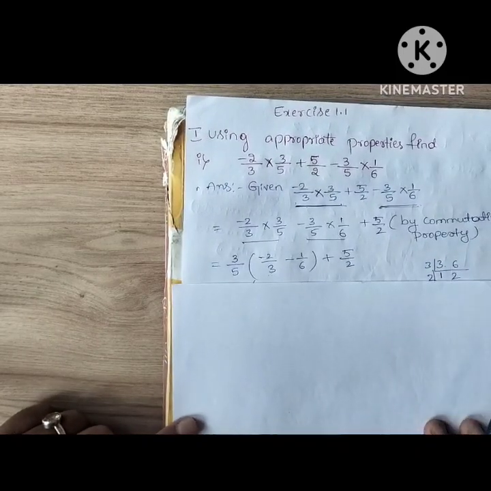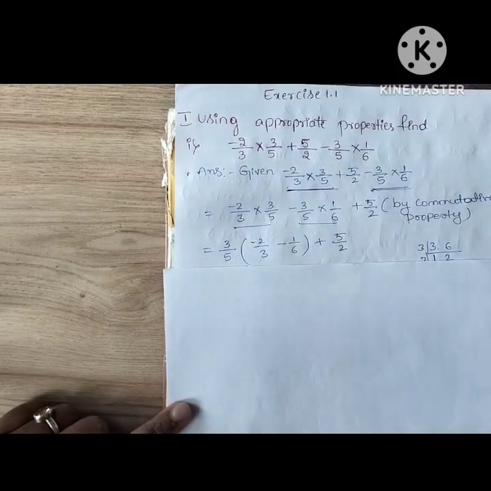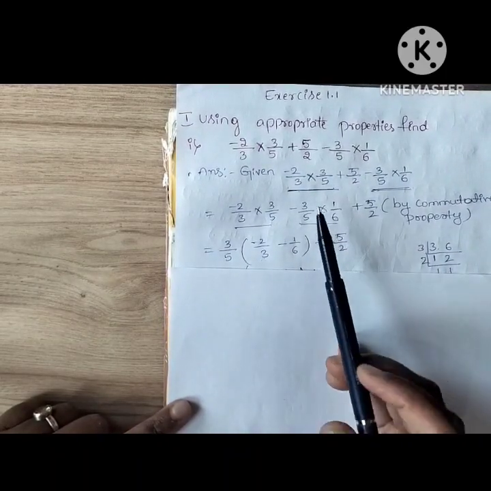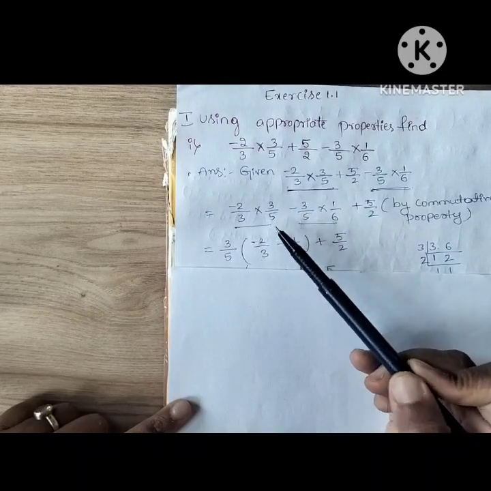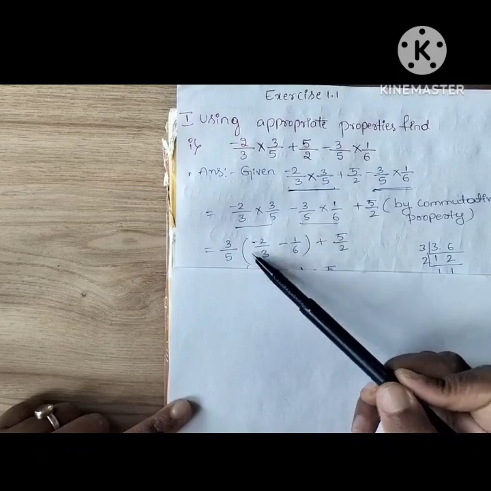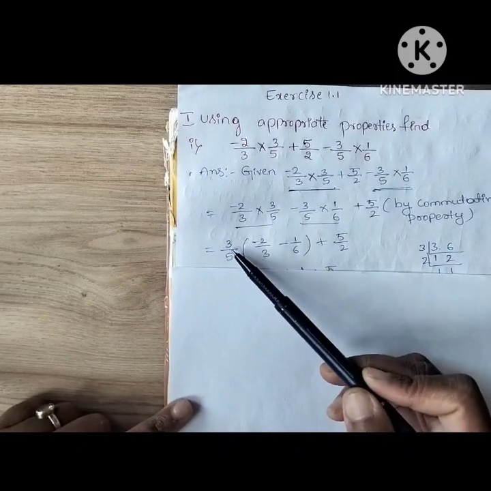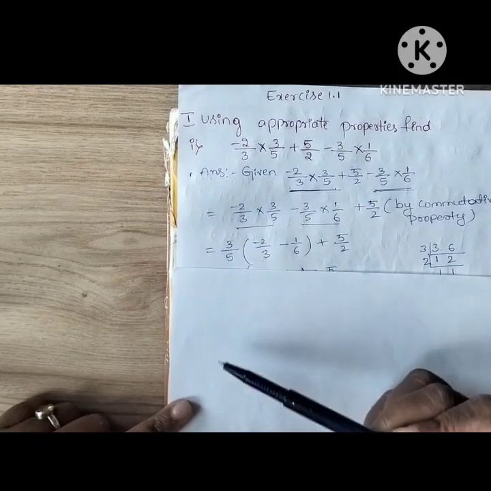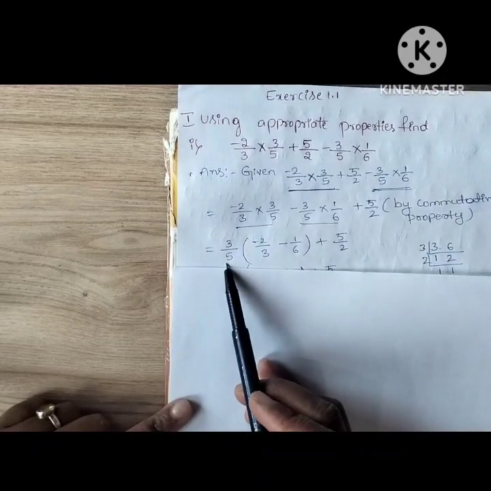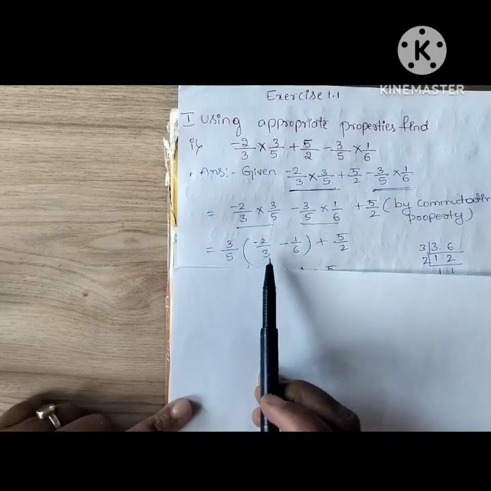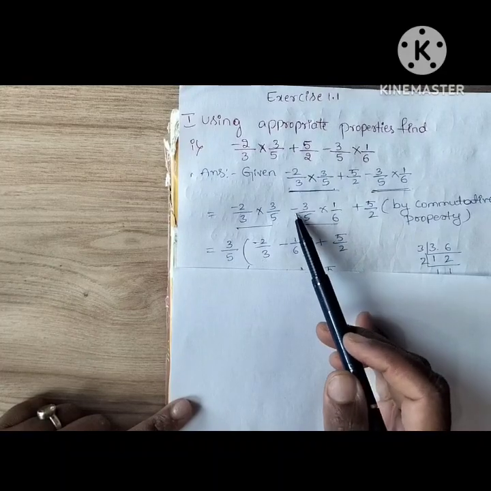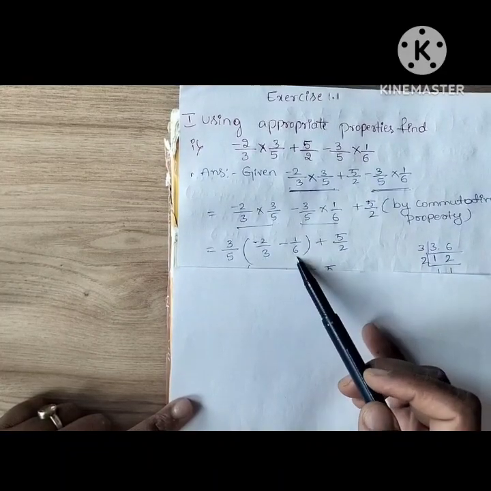In the next step, in these two groups of fractions, just observe here 3 by 5, here also 3 by 5 is here. We have to take 3 by 5 as a common factor. I have taken 3 by 5 as a common factor. In this group of fractions, 3 by 5 as a common factor, remaining minus 2 by 3 left over. Next, in this group of fractions, again minus 1 by 6 left over.